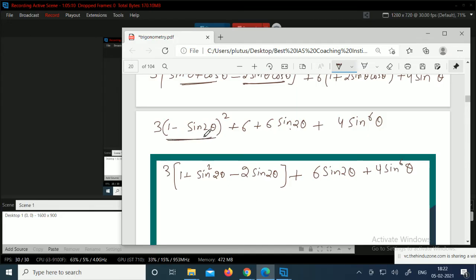I am just scaling this. So now if I multiply this, 3 plus 3 sin square 2 theta minus 6 sin 2 theta plus 6 sin 2 theta plus 4 sin 6 theta. This gets cancelled. Okay. This value is cancelled by this.